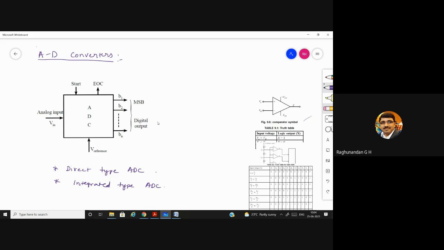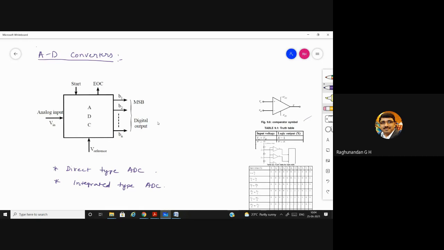But in direct type ADC, we need to connect a number of op amps and consider a priority encoder, all those things. We also have one more type called SAR, successive approximation type ADC. In that, we need to consider two or three different components to get the output. So this is the difference between the direct type and the integrated type.